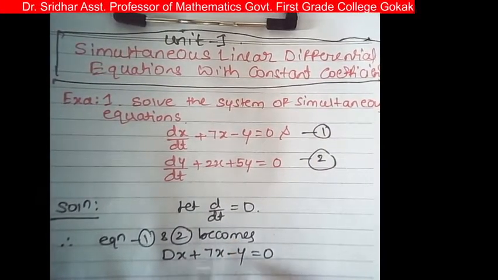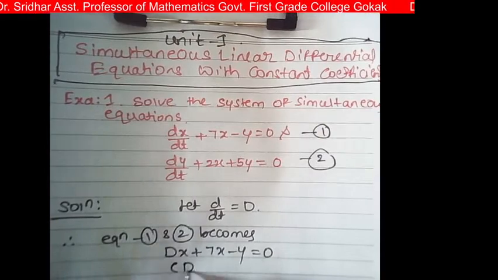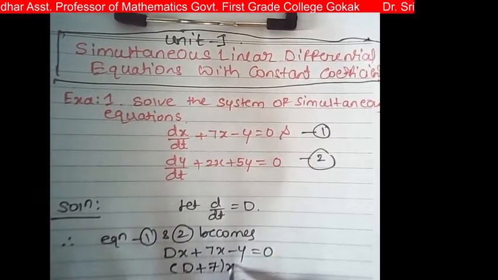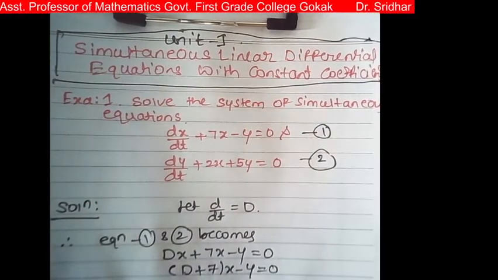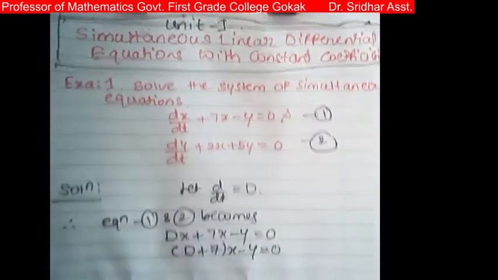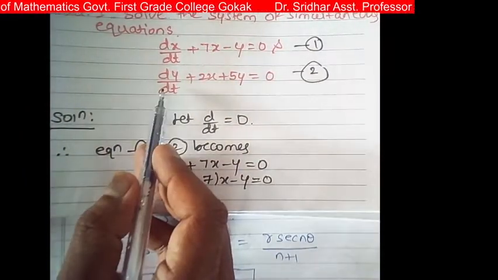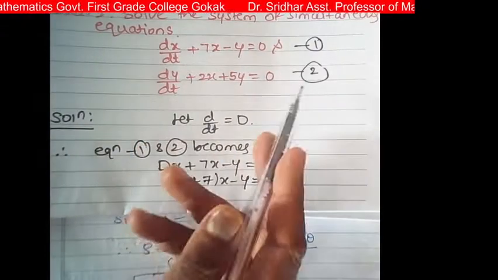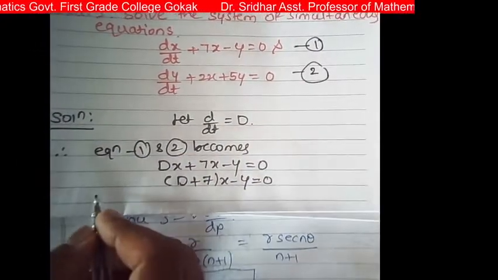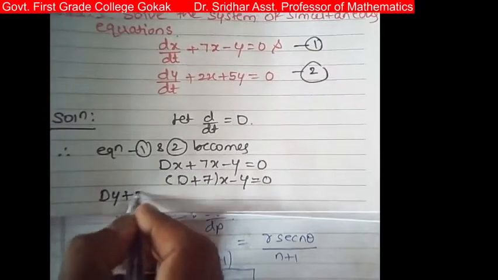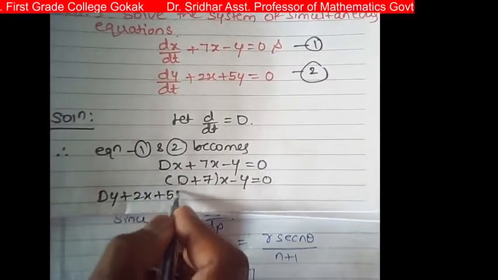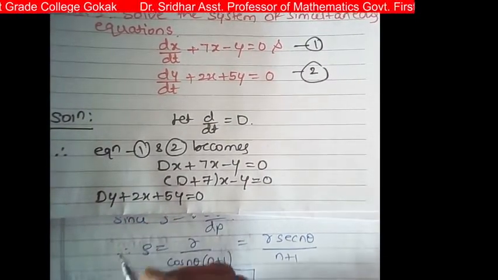In this you can take x common. We get (D plus 7) into x minus y equal to 0. Correct? In the same way, we substitute d by dt as capital D in equation 2. So we get Dy plus 2x plus 5y equal to 0.